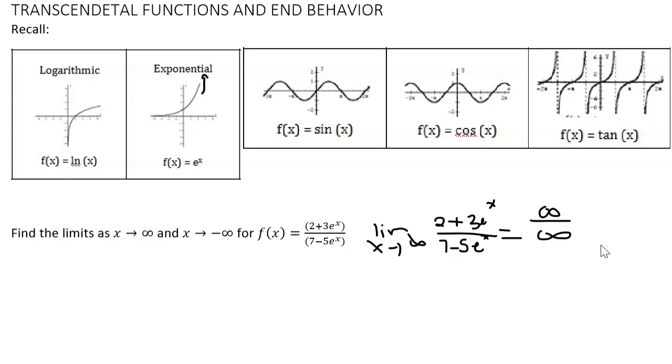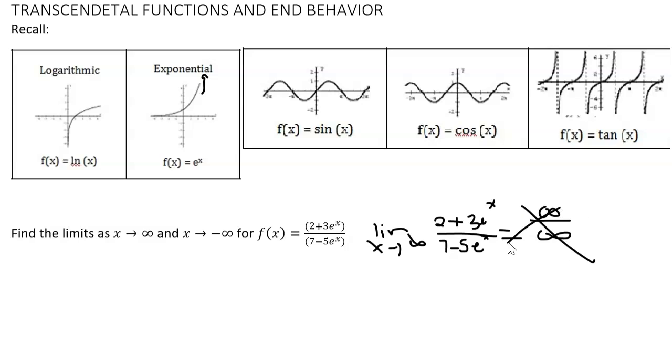For this example, we want to use a similar strategy that we did with the rational functions, where we factored out a common factor to make the function rational. So basically, we're looking at our e^x terms, and we want to factor an e^x out of every term.